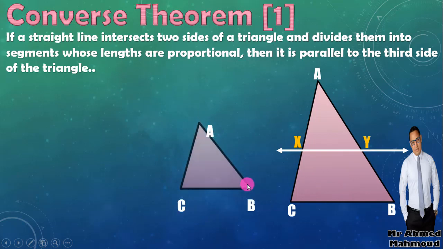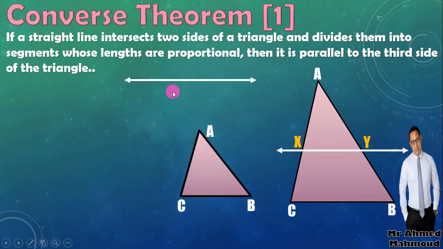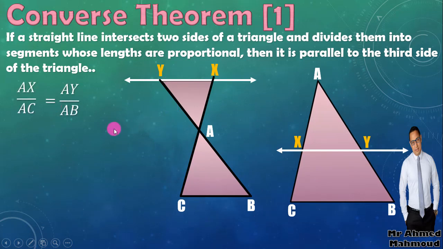Another case: if the line comes outside the triangle like this, if XA over AC equals YA over AB, or XA over XC equals YA over YB, or AC over CX equals AB over BY, then the two lines are parallel.